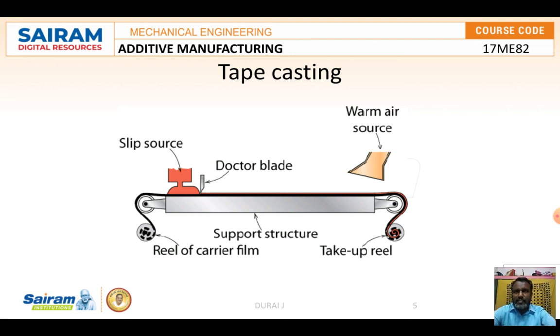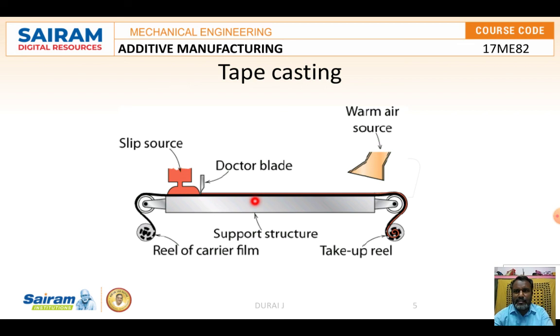The slurry is then fed onto a moving carrier film from the bottom of the reservoir. The powder slurry layer is deposited on the carrier film by the shearing action of the doctor blade. It is important that the slurry be free of air bubbles, as they may lead to porosity in the strip, affecting the properties.